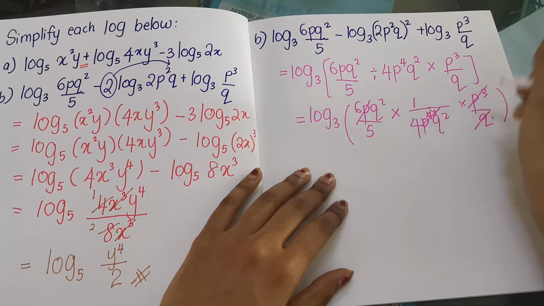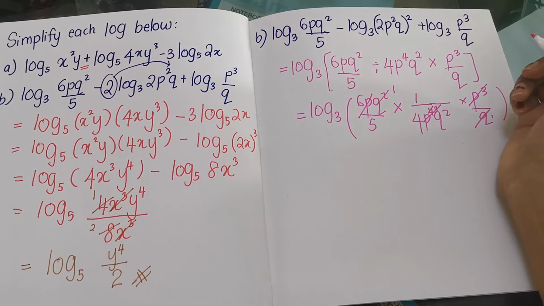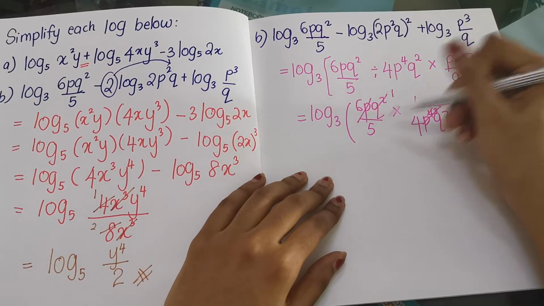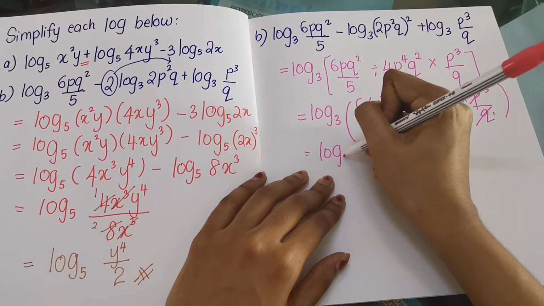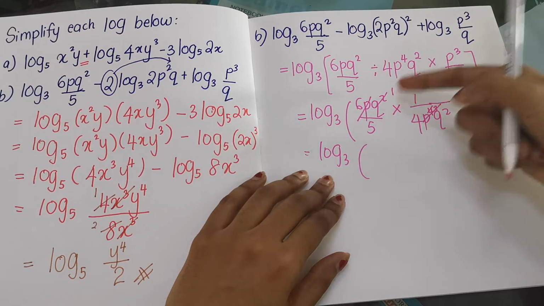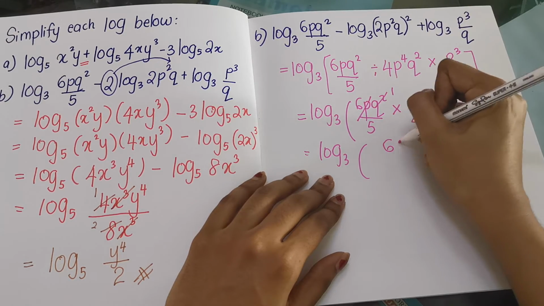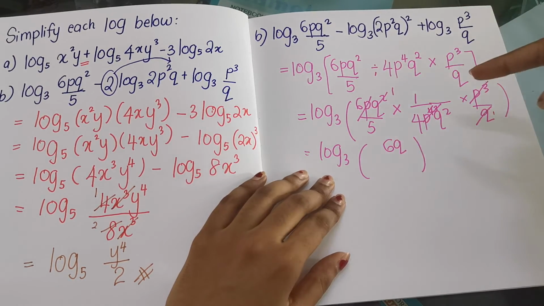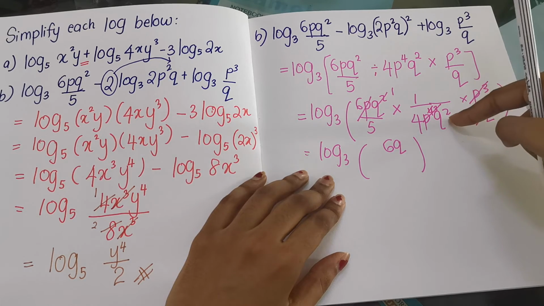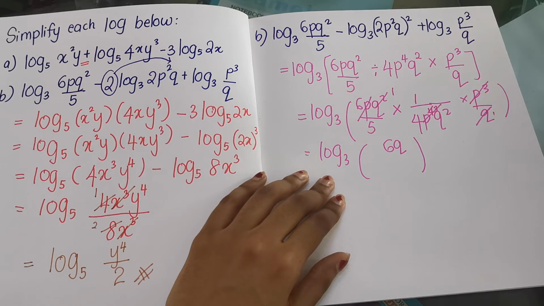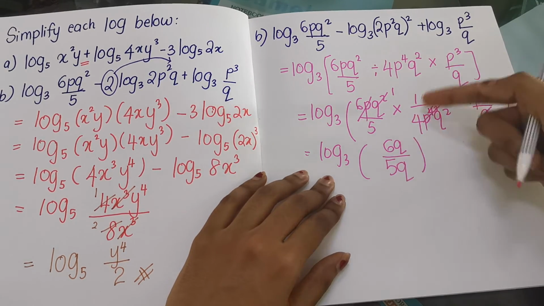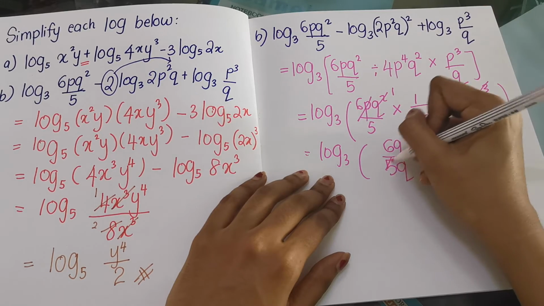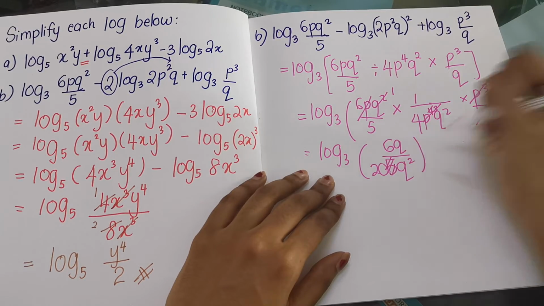Now for the q, here cancel, here becomes q to the power of 1. Then for 6 and 5, we have 1 and 4. So I'm going to multiply first: 6q times 1 is 6q. 5 times 4 is 20, and we have q squared, so it's 20q squared.